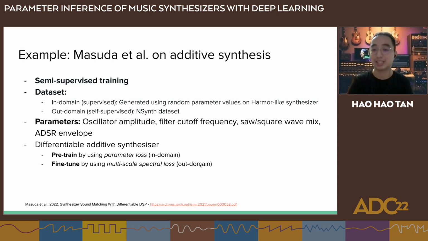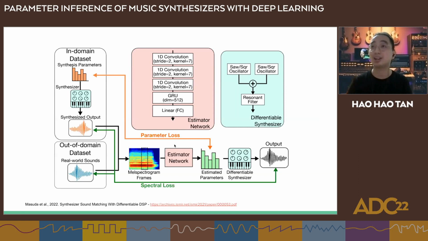This is something really interesting, because what they argue is that if you only train on an in-domain data set, your synthesized sound will be very unnatural because you're only overfitting on some data set that you curated. But if you use real-world sounds, then your synthesized sound can serve more purposes other than the in-domain data set. So this is the idea of using semi-supervised learning.